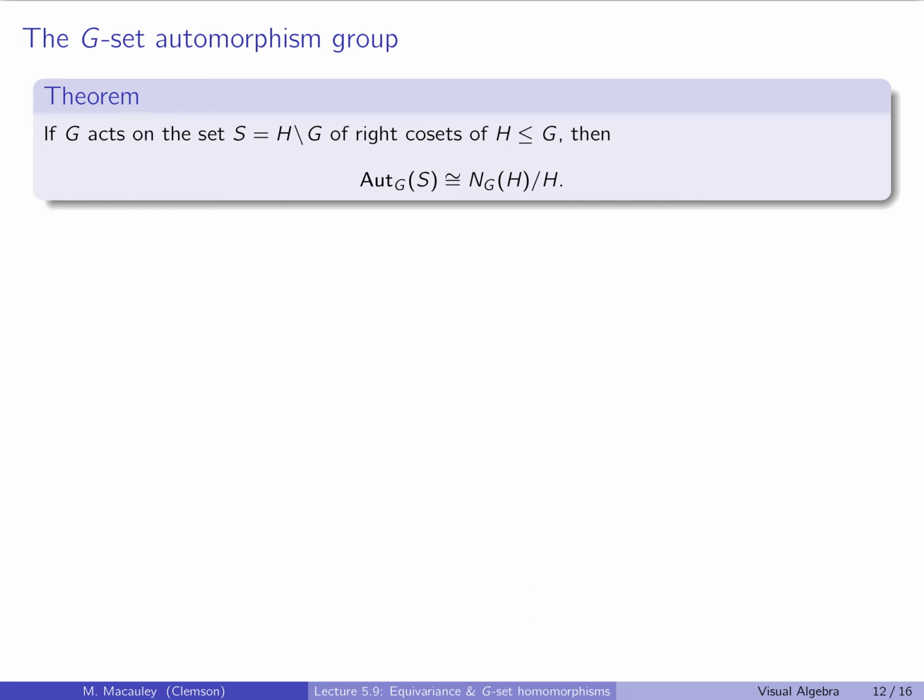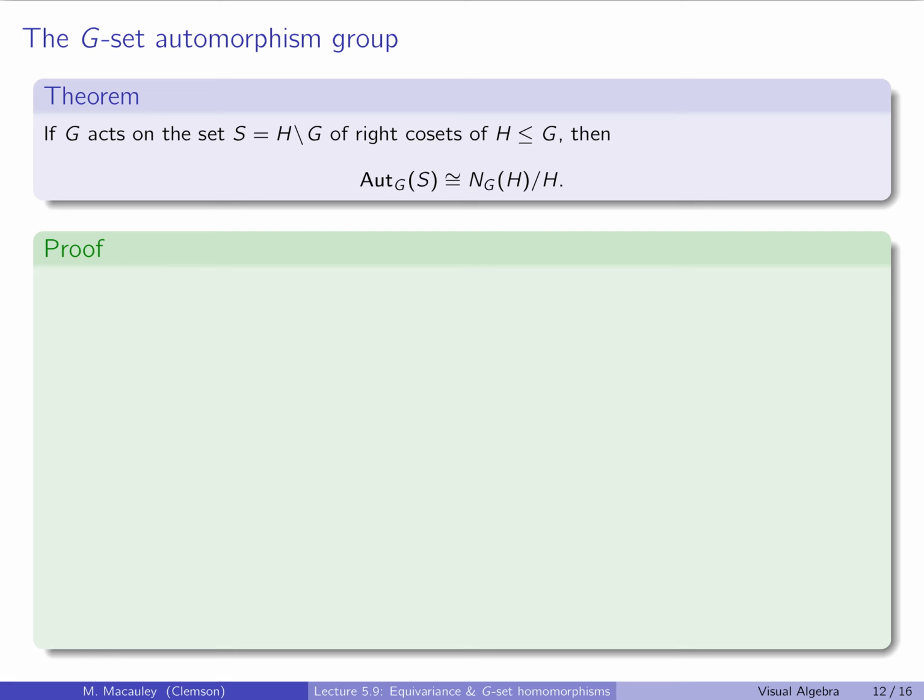Now that we've proved the two lemmas, we are ready to prove the full theorem. So again, if G acts on the set of right cosets of a subgroup, then the G-set automorphism group is the quotient of the normalizer by H. To prove this, let's define the map f from the normalizer of H to the G-set automorphism group of S that just sends an element x to this map sigma x that we defined, which is left multiplication.